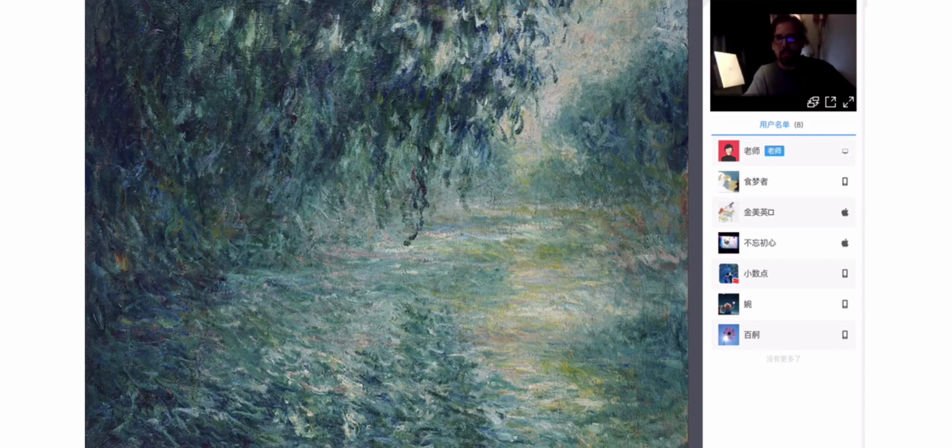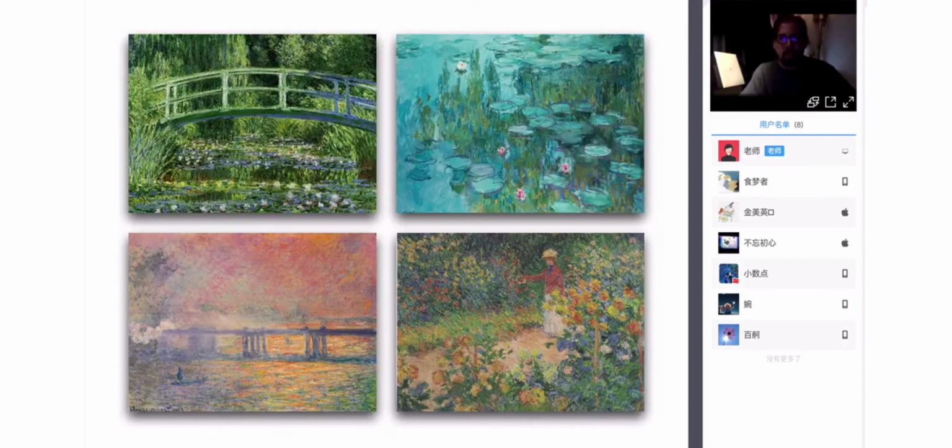And also, I think he's best known for all of the painting that he did in the gardens, painting these really washed out scenes of rivers and willows and these water lilies and bridges and so on. I think the older he got, the more his vision deteriorated.